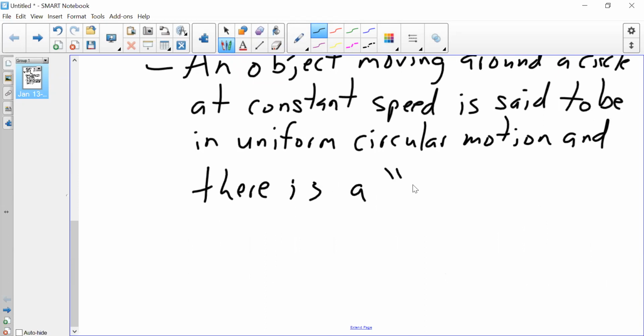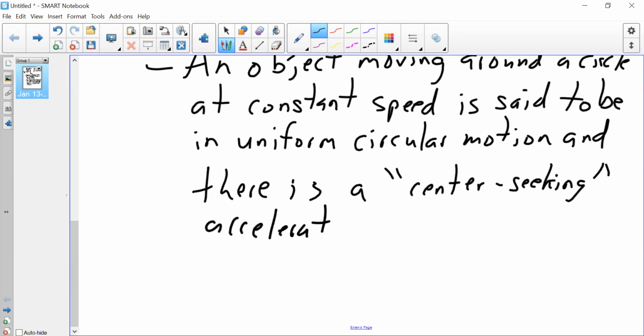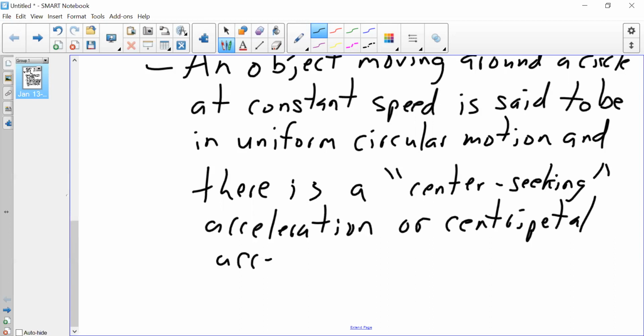And there is a center seeking acceleration, which means centripetal acceleration.